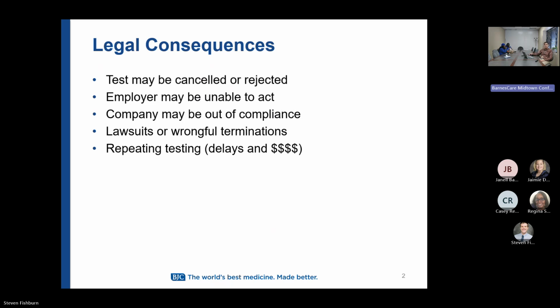So we really want to make sure that we're doing it correctly. The worst thing that could probably happen is someone being fired for something that we did or could have prevented. That, as well as lawsuits, are big problems. When people have to repeat testing, which sometimes they do, this causes delays, and this costs the company and us money. So these are all the reasons why we have to be vigilant.